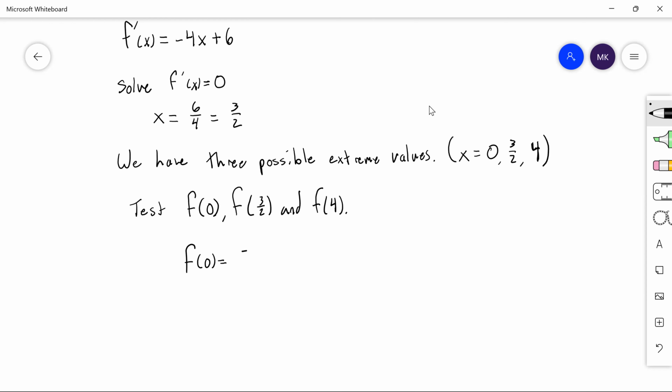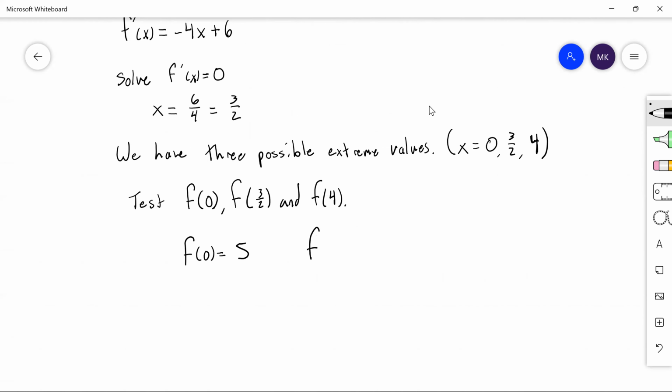We get f of 0 equals 5. f of 3/2 equals 9.5.